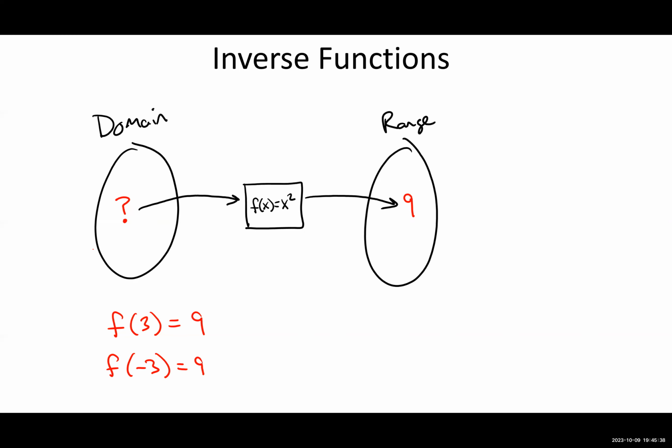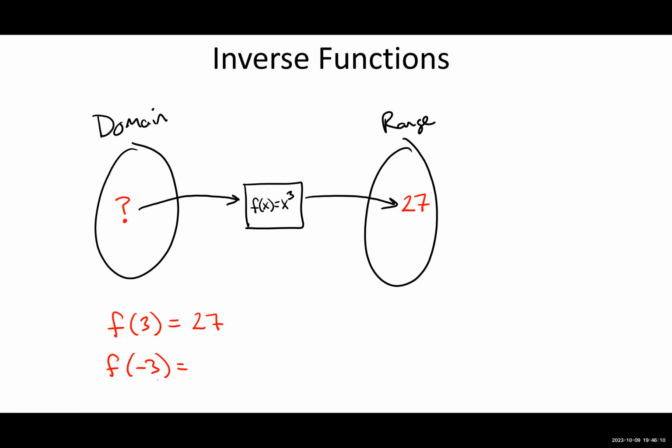Now, if this was x cubed, and I said I plugged a number into this function and I came up with 27, well, there's only one way to get a 27. 3 times 3 times 3 is 27.